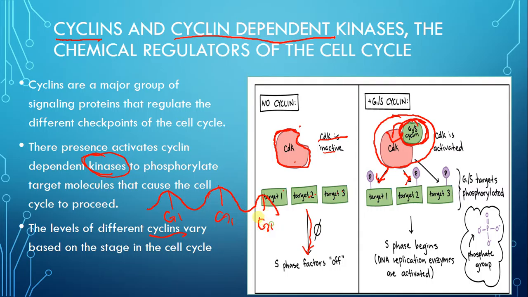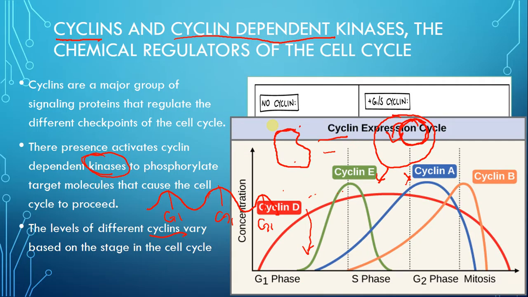So that's why they're called cyclins. Their concentration is in a cycle like this. They're very important for regulating when things happen and for moving from one gap phase to the next. G1 checkpoint to G2 checkpoint to M checkpoint. Alright? And here is a diagram of how that looks.